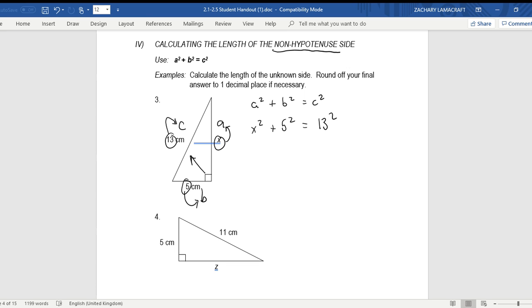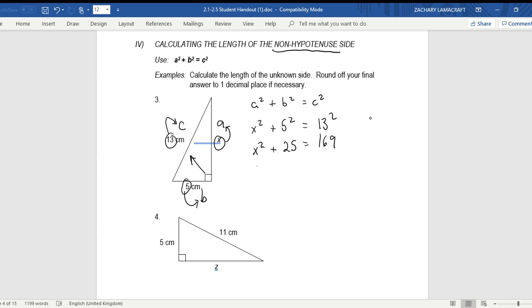And just like we did in the last unit, we're going to try to isolate or keep our variables on one side. So our variable being x squared. So if we just go through this, 5 squared is 25 and 13 squared is 169.